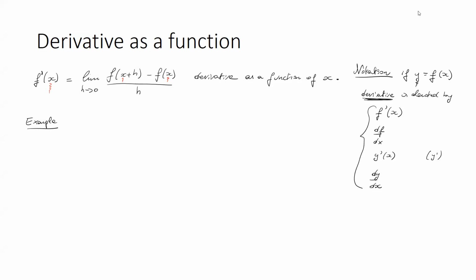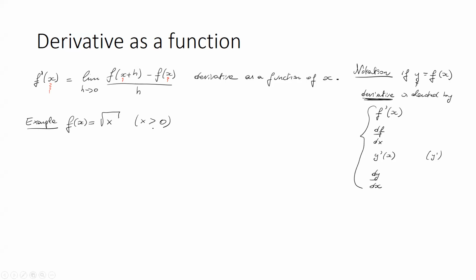So let's see how that plays out in an example. Let's take the function f of x equal to the square root of x. And here, remember, x needs to be positive or 0 in order for us to take the derivative. But we will assume that x is positive to make it just a little bit simpler.